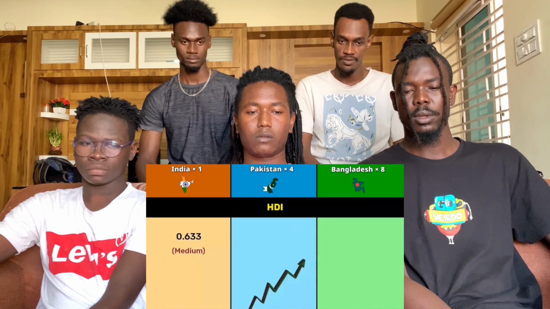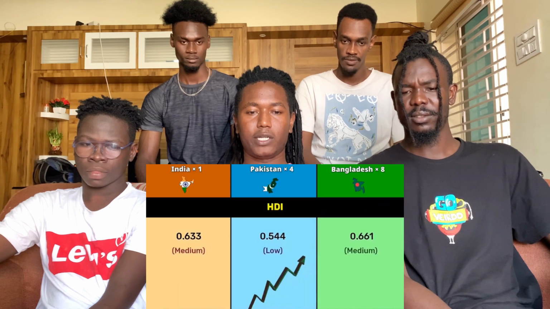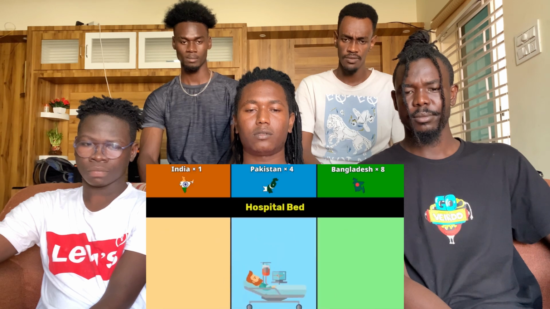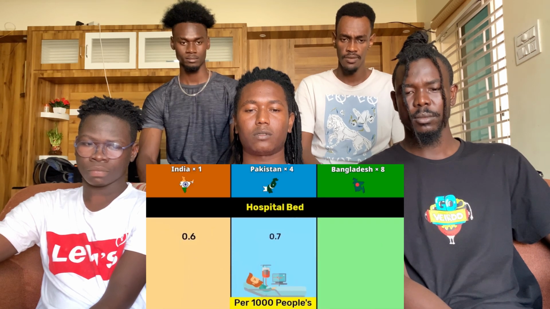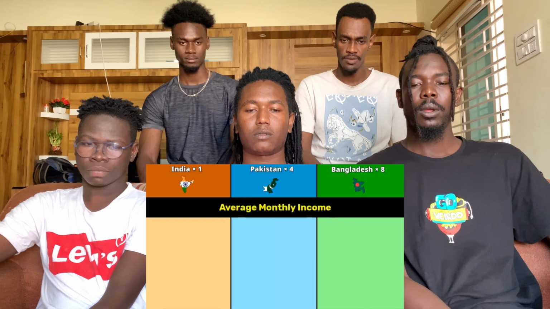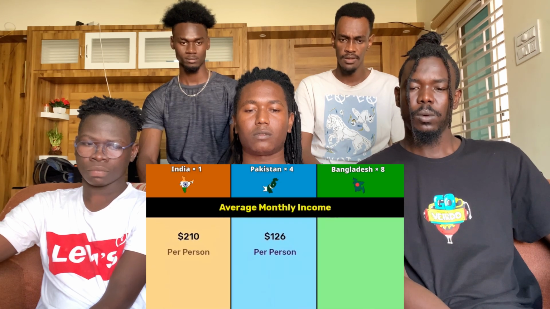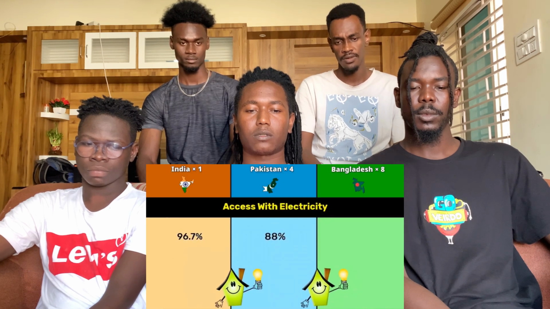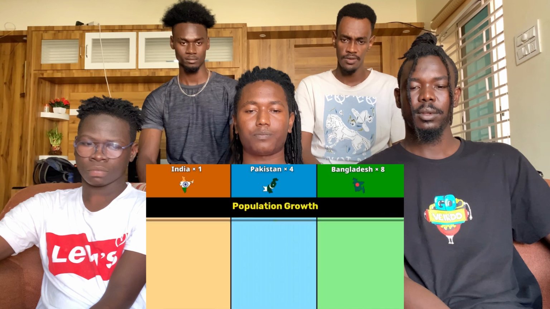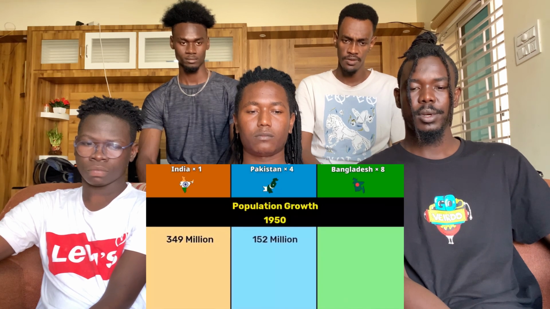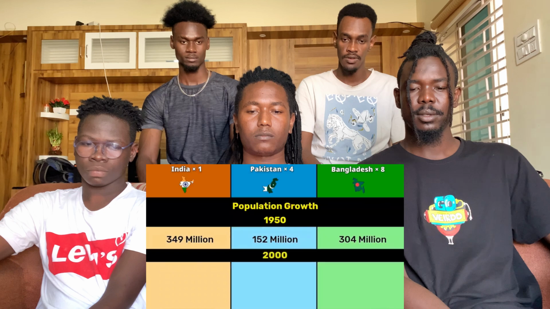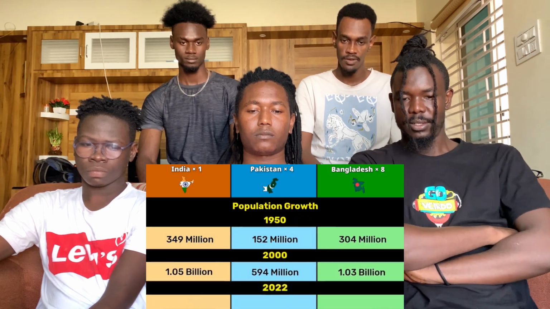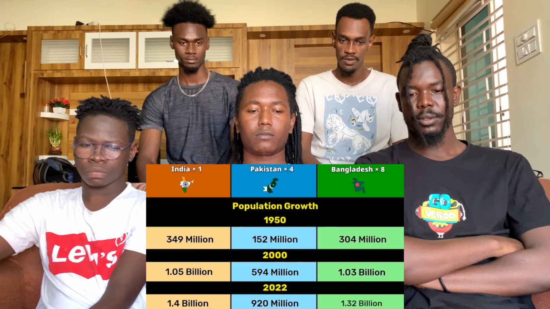HDI 0.633, 0.544, 0.661. Tourist arrivals per year 10.38 million, 5 million, 2.56 million. Hospital beds per 1000 people 0.6, 0.7, 0.8. Average monthly income $210, $126, $232. Access to electricity 96.7%, 88%, 91%. Population growth: 1950, 349 million, 152 million, 304 million; 2000, 1.05 billion, 594 million, 1.03 billion; 2022, 1.4 billion, 920 million, 1.32 billion.